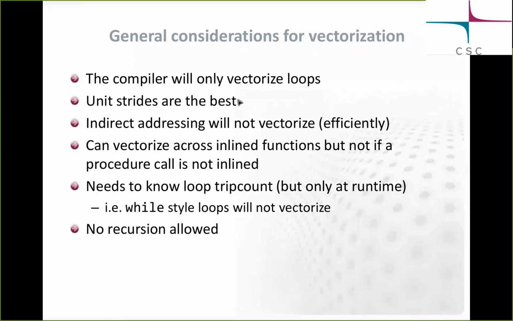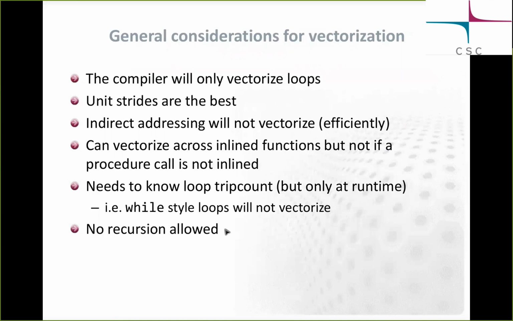Other rules are that indirect addressing, so picking addresses from another array, won't vectorize. If you have branches or function calls within a loop, those are typically inhibitors for vectorization. And you can't have recursion in loops.